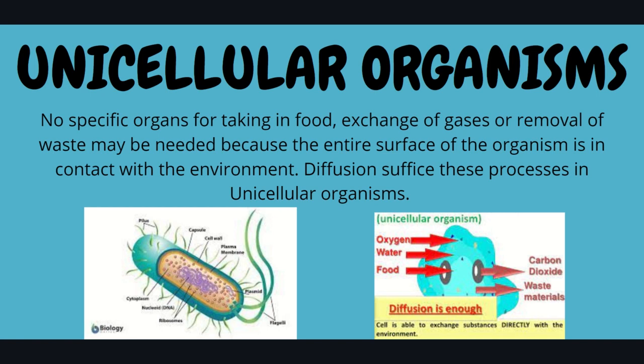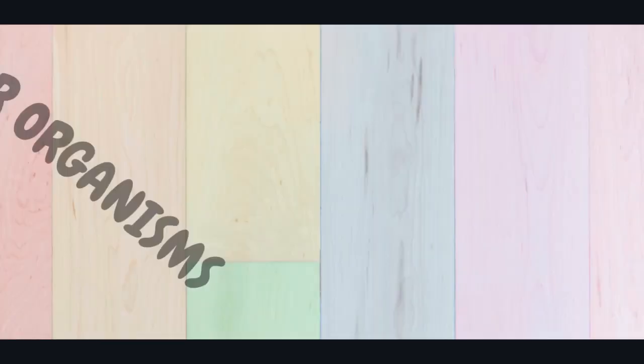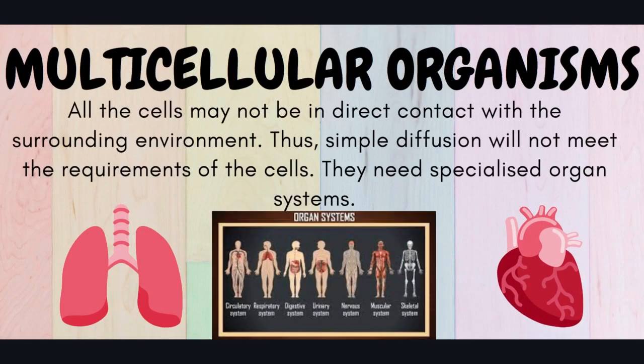On the contrary, in multicellular organisms which are composed of more than one type of cells, all the cells may not be in direct contact with the surrounding environment. Thus, simple diffusion will not meet the requirement of the cells.